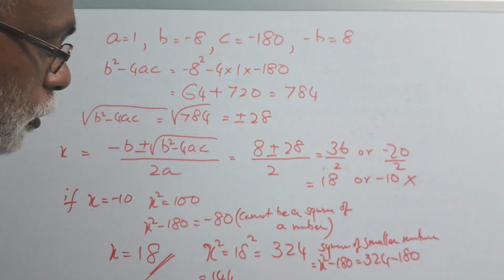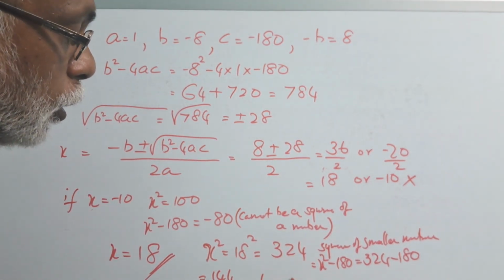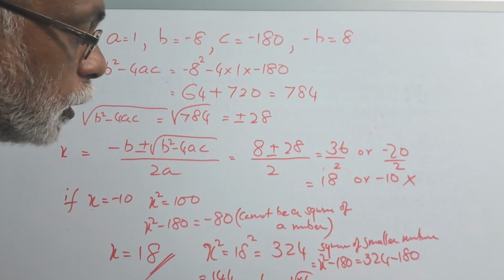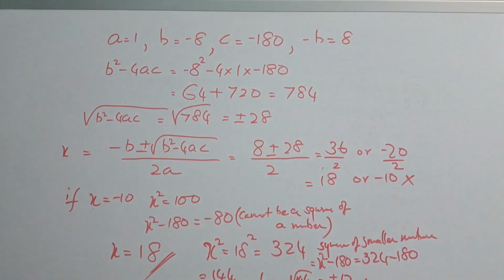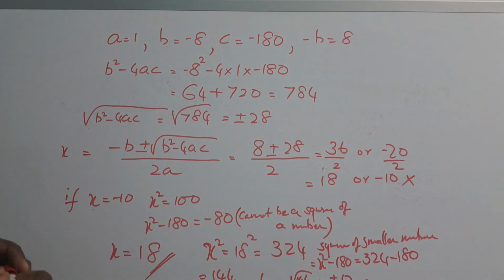Then the number is root 144 is equal to plus or minus 12. So the larger number is 18, and the smaller number is either 12 or minus 12.